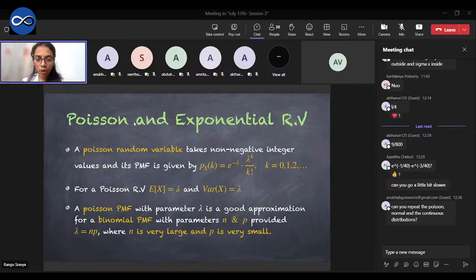Generally we apply this by approximating the binomial PMF which has a large value of n and a small p. So let us take an example.